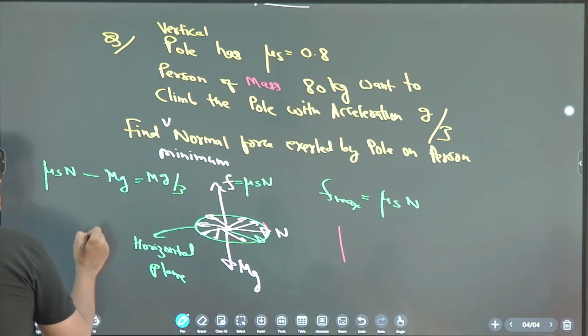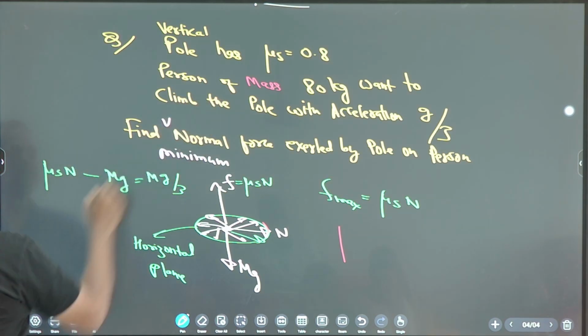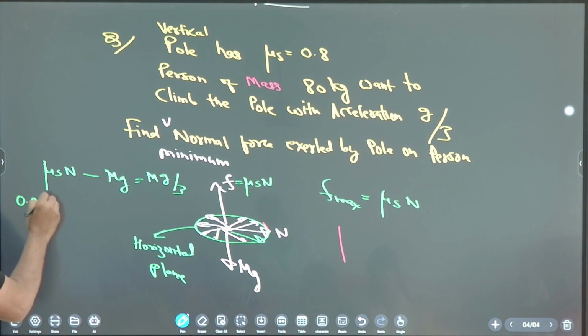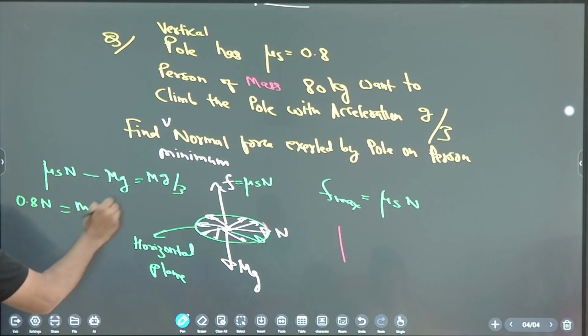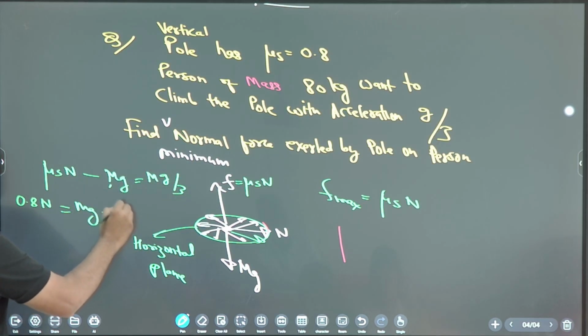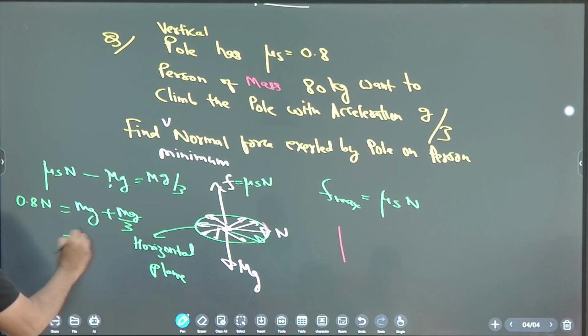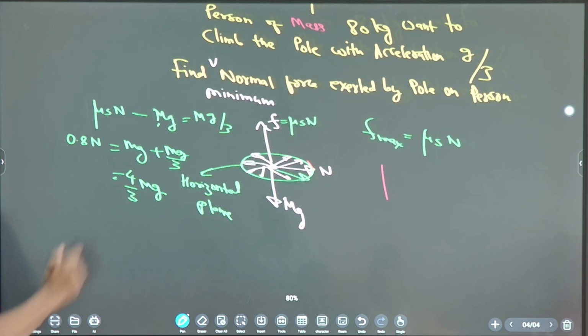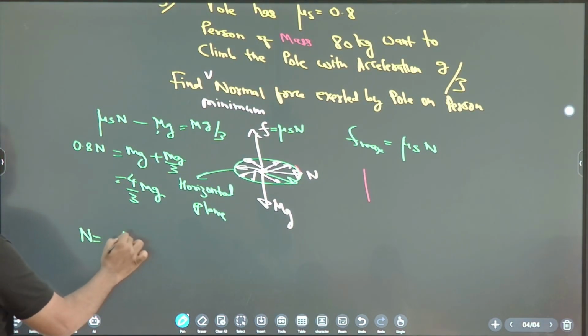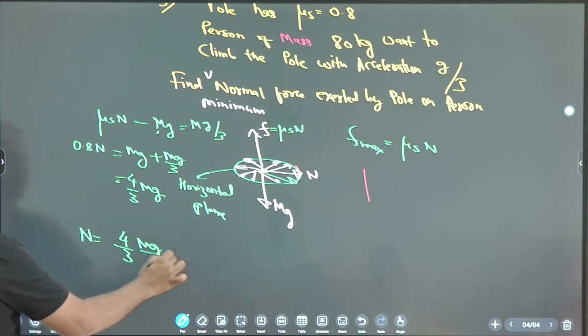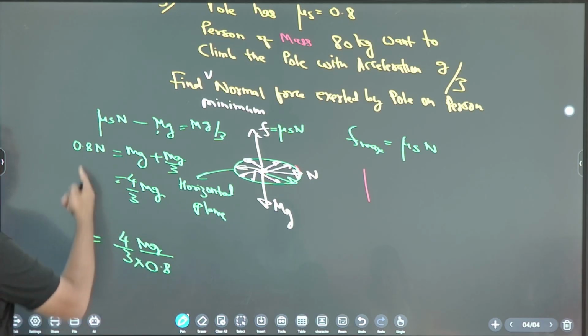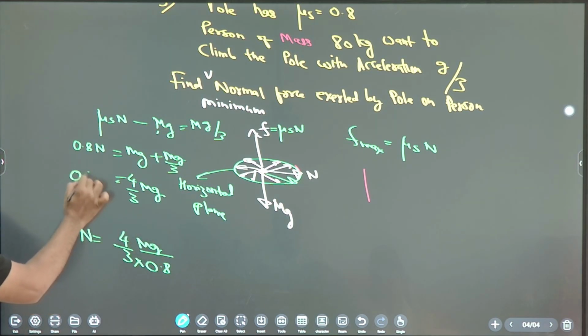Now solve. Mu s is 0.8. So 0.8 N is equal to mg plus mg by 3. So how much? 4 by 3 mg. So what is the normal value? N is equal to 4 by 3 mg divided by 0.8.